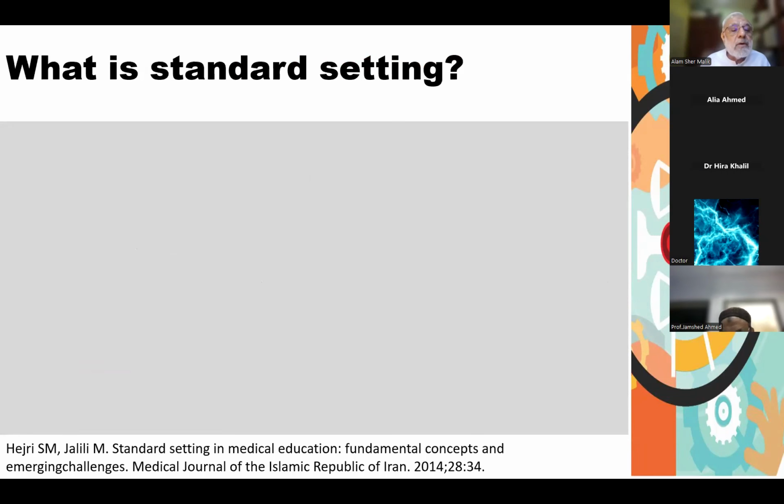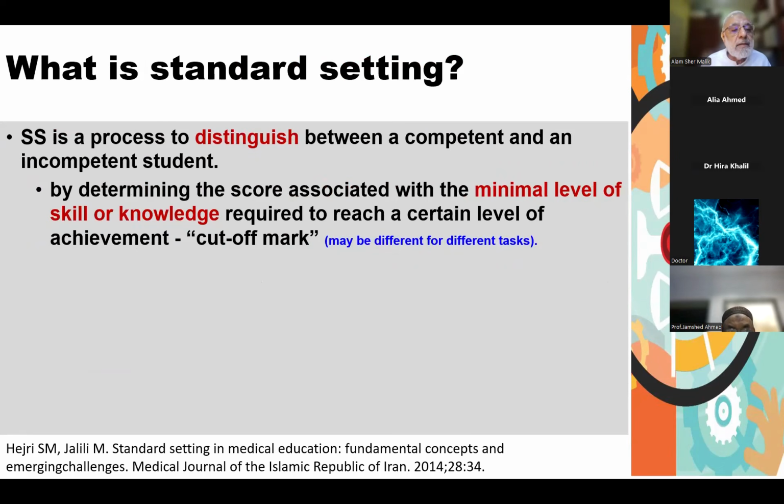What is standard setting? Standard setting is a process to distinguish between a competent and an incompetent student. We just discussed that it is very important that during our process of assessment, we should be able to distinguish between a competent and an incompetent student. This is exactly what standard setting does.